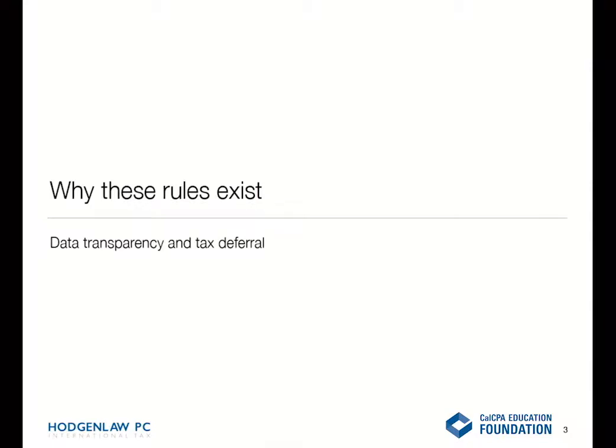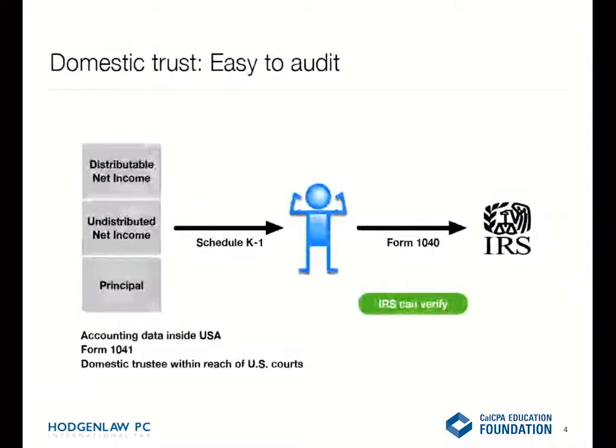The rules exist primarily for two reasons. One is because of data transparency, another is tax deferral, and I'll explain what I mean by those. So we have this diagram here. If you have a domestic trust, the IRS likes these because they're easy to audit. The trust files a Form 1041 with the IRS. It reports its distributable net income. It reports its undistributed net income, the trust principal.